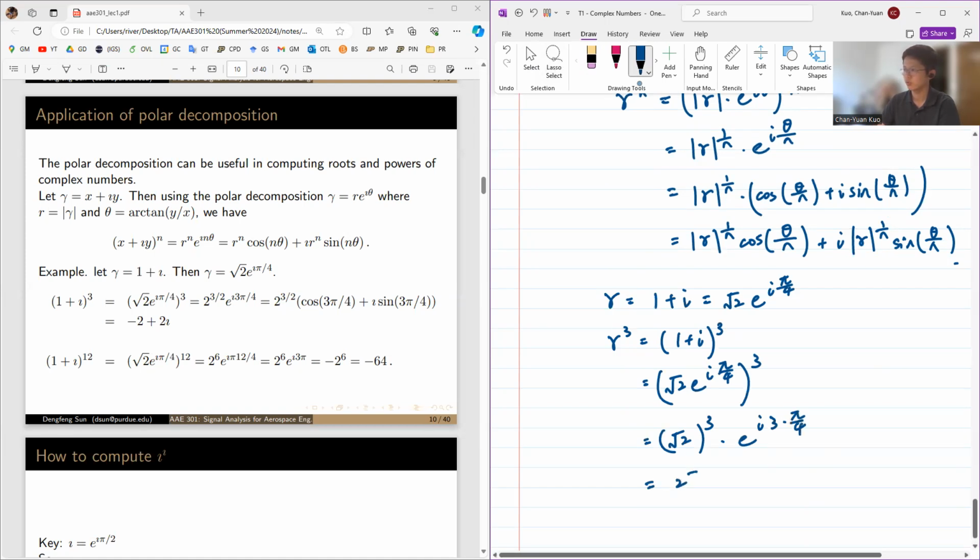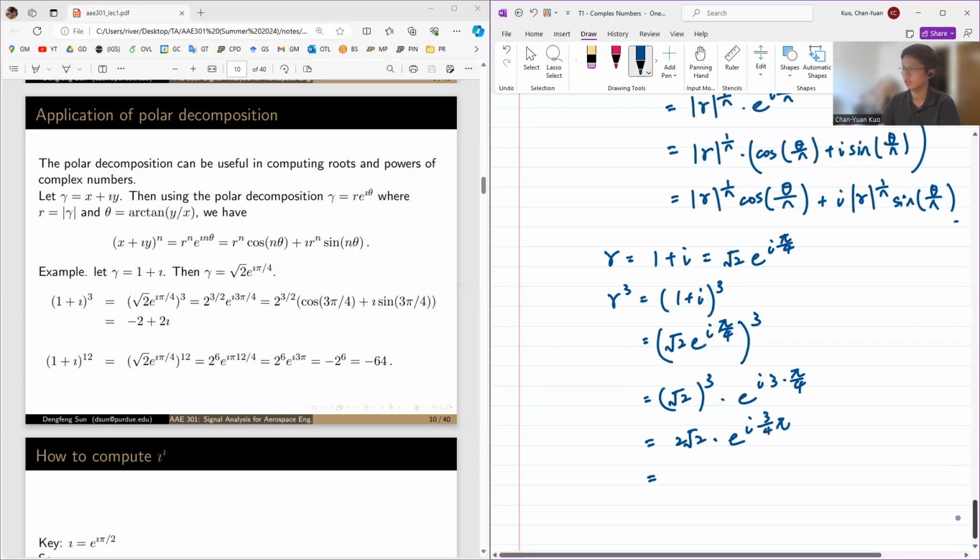So this is 2 square root of 2 times e to the i times 3 over 4 pi. So now we can convert this back into the Cartesian form by applying Euler's formula. So we will get 2 square root of 2 times cosine 3 over 4 pi plus i.